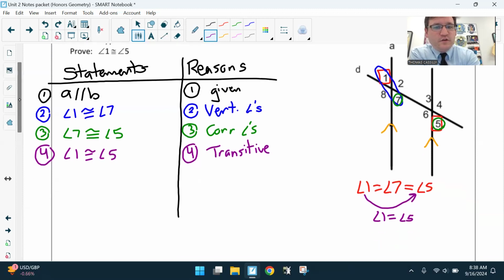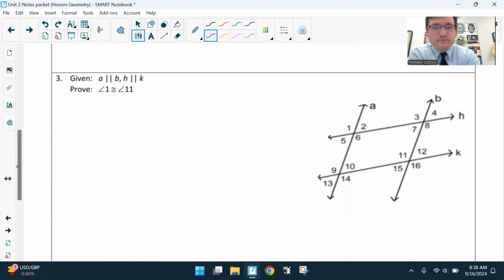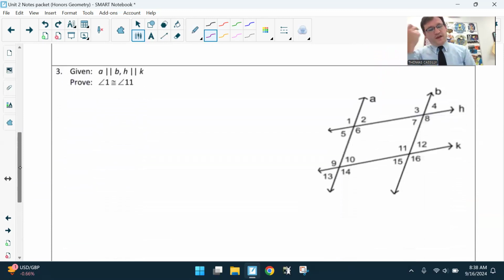All right, so let's take a look at another one. If we look at this picture, we have this hashtag looking symbol going on. We are trying to go from angle 1 to angle 11. One thing I want to mention, angle 1 and angle 11 are not corresponding angles.